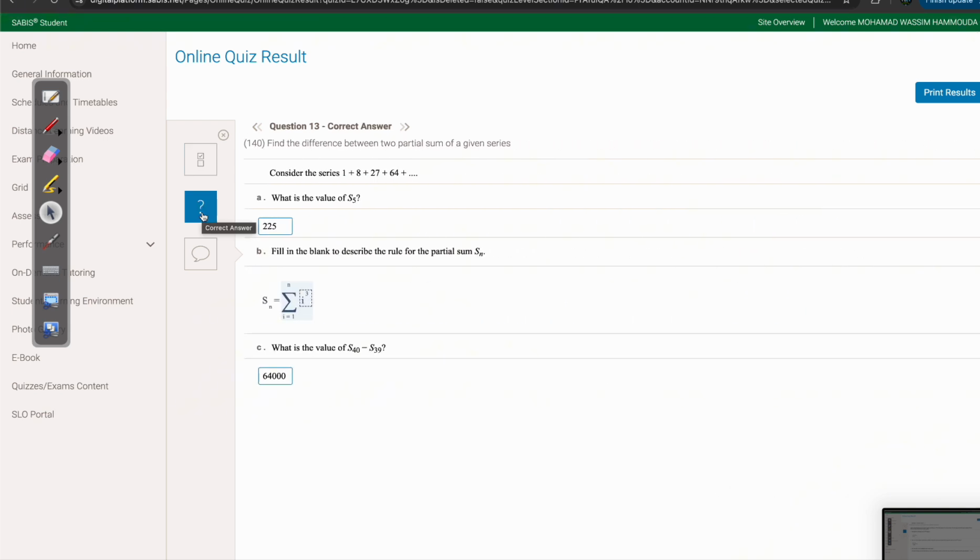Consider the series 1 plus 8 plus 27 plus 64. I don't know if you can tell the pattern, but it's really secretive. Here they just did 1 cubed, 8 is 2 cubed, 27 is 3 cubed, 64 is 4 cubed, right?